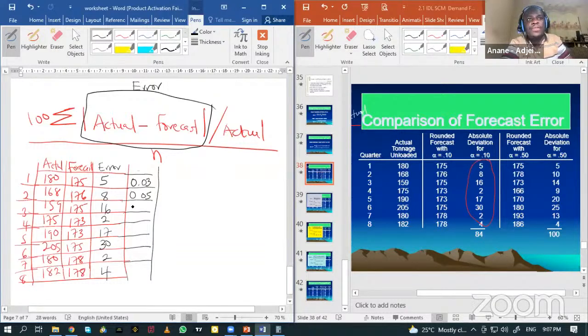Help me out. 0.10. 2 divided by 175. 0.01. 17 divided by 190.